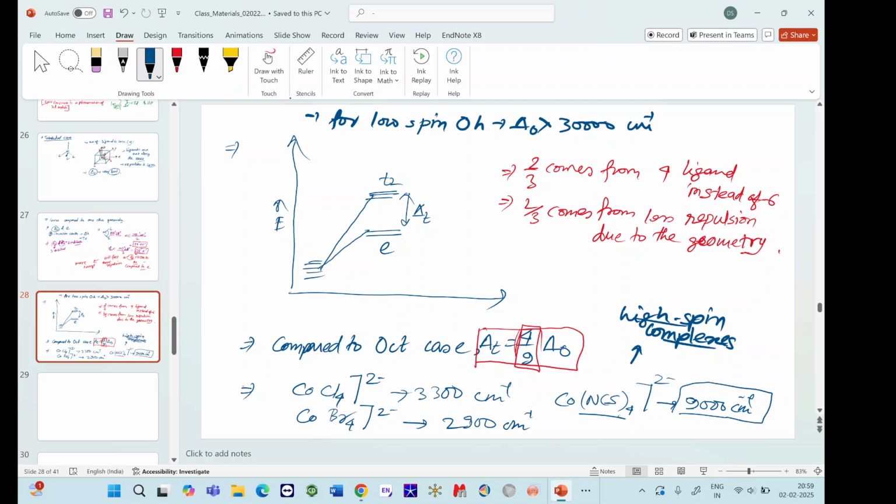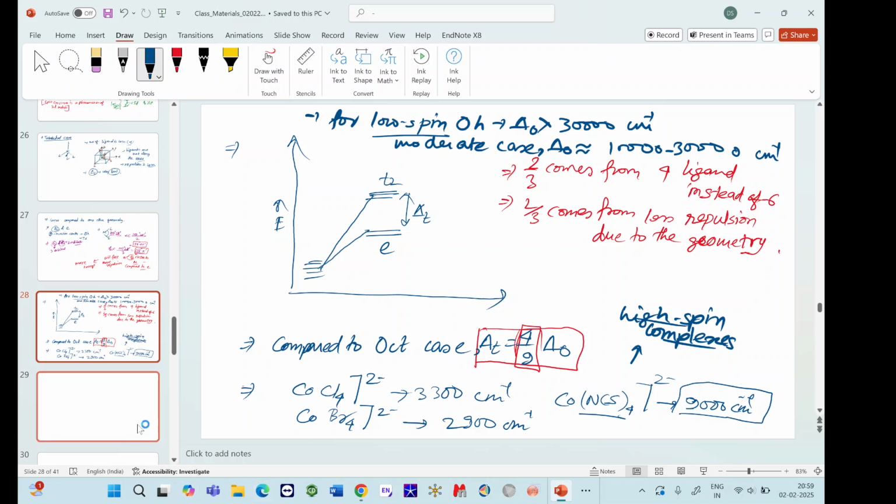And if you have a moderate case, it is somewhere between 10,000 to 30,000 centimeter inverse. And if it is less than that, it is surely going to be high spin. Okay.